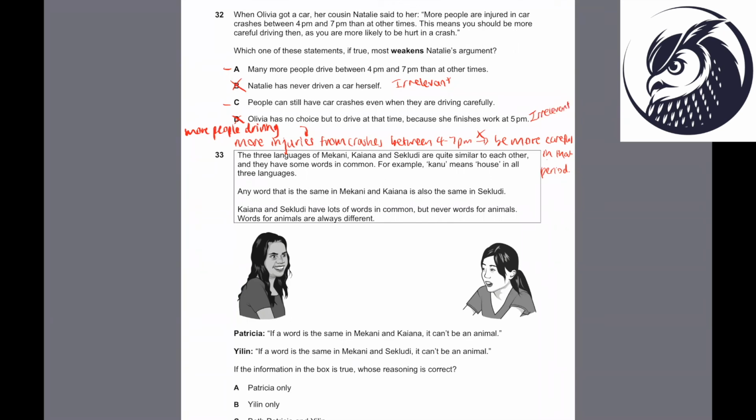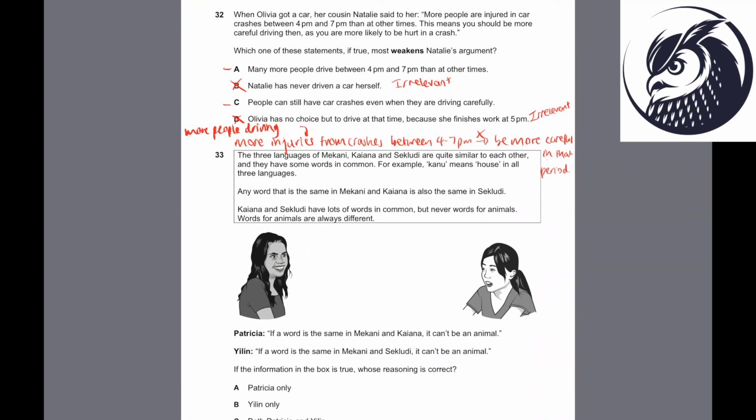So now we are in the common situation where we have two fairly good answer options, A and C. To differentiate between these two options, we really need to look at the one that is clearly attacking Natalie's argument. Option A actually makes her complete argument null or ineffective, because it's saying the simple reason why there are more injuries from crashes during this 4 to 7 p.m. time period is because there are more people driving.